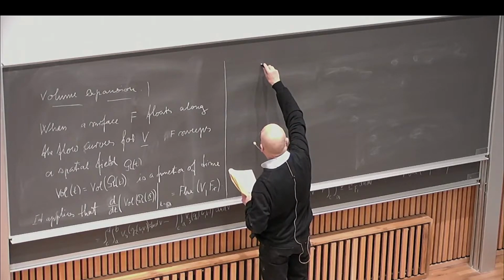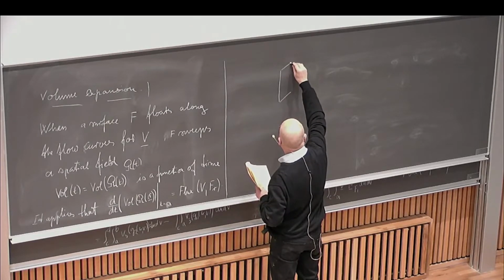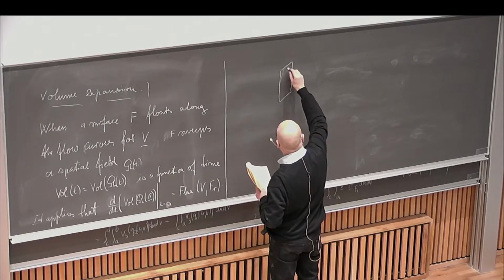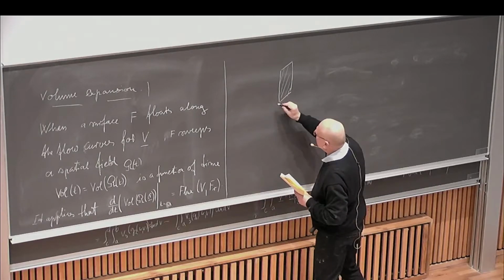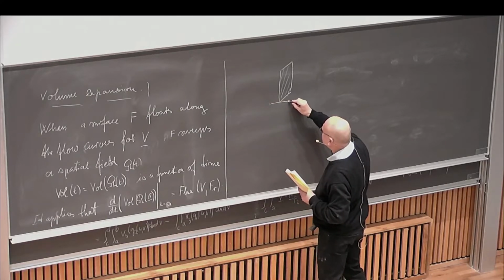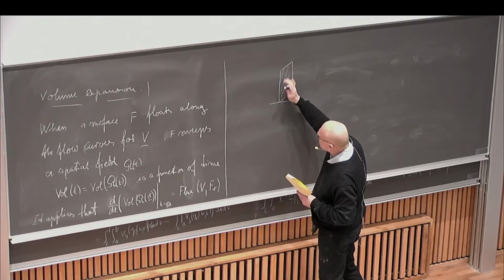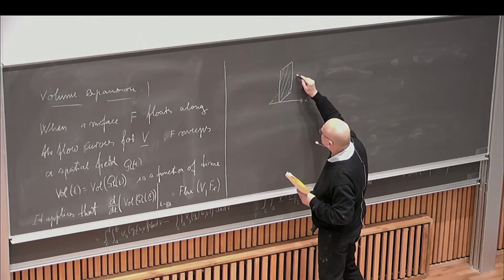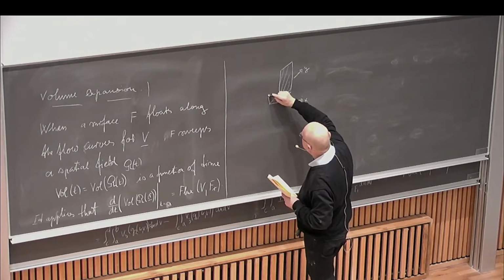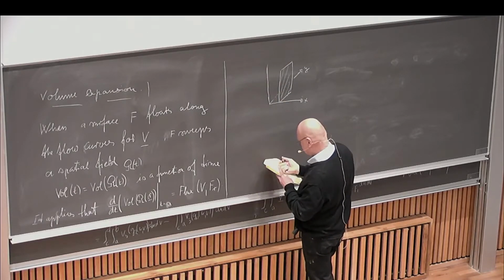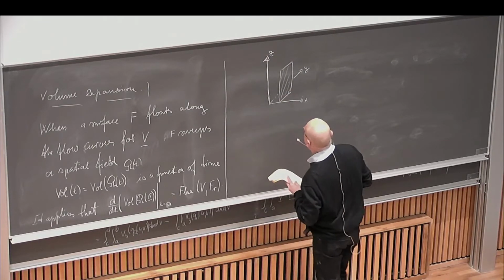I have here a surface. I write it in this way, I have here the x-axis, and then this surface here is parallel to the y-axis, and it's also parallel to the z-axis. Like this.